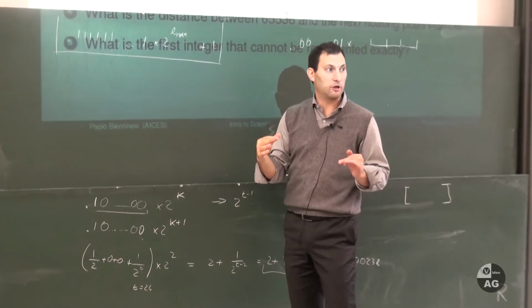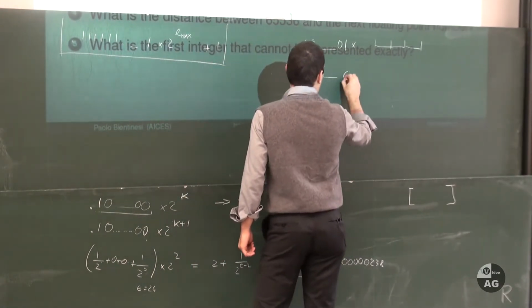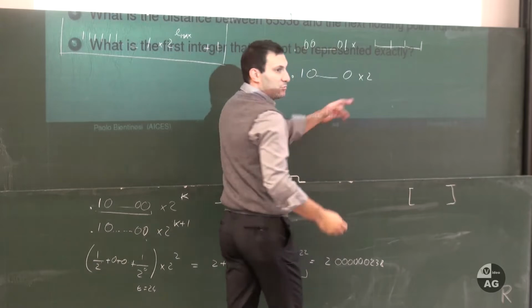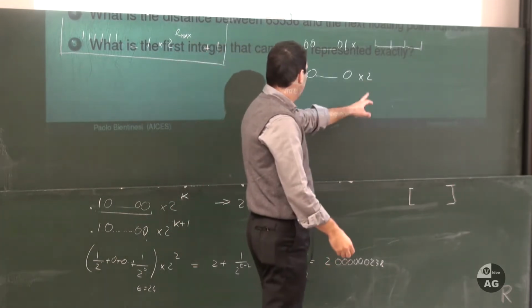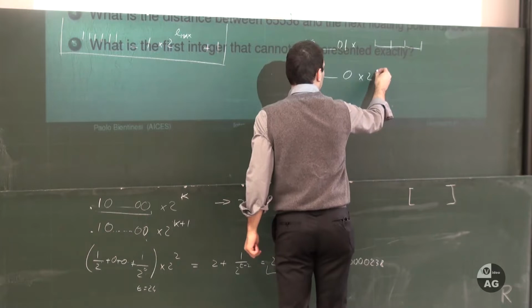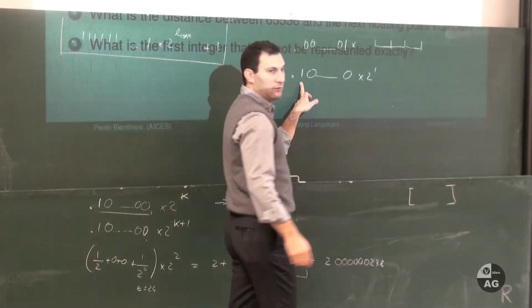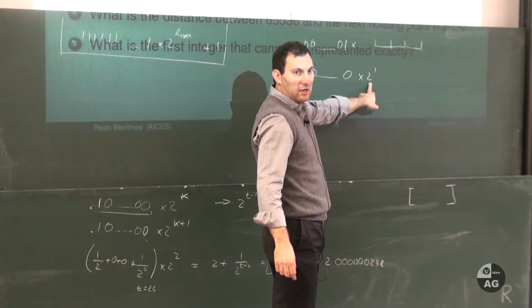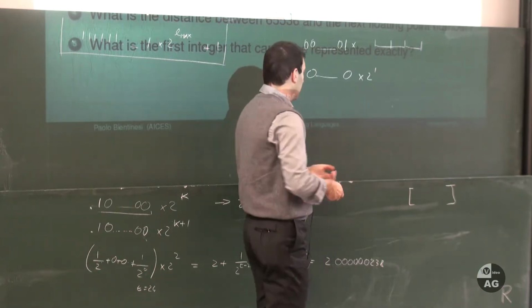First of all, we're talking only about integers, so we want an exponent that makes this guy an integer. For that, we want it to be at least 1. 2 to the 1 is 2 times 1/2. This is 1. Okay, so our exponent has to be 1 or higher.